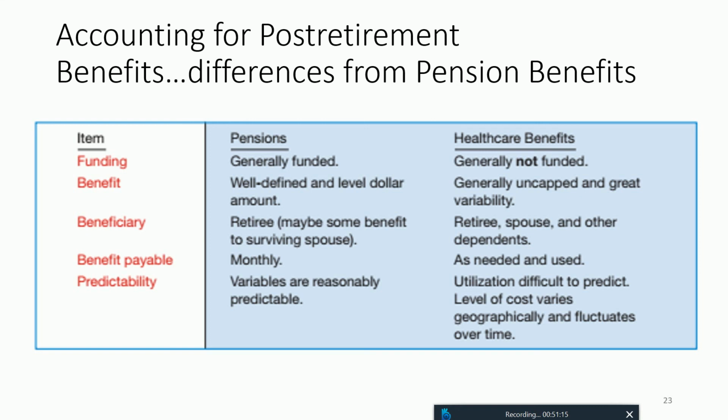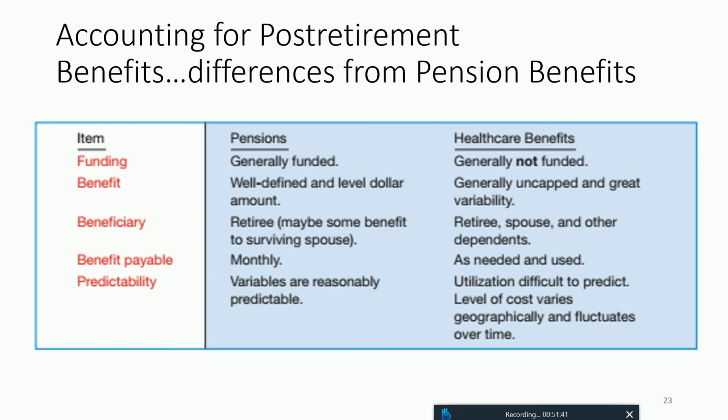This chart here outlines some of the differences between normal pensions and healthcare benefits. When it comes to funding, we know that pensions are funded, that companies are providing contributions on an ongoing basis. Typically, other post-retirement benefits, specifically healthcare benefits, are generally not funded in advance, at least.